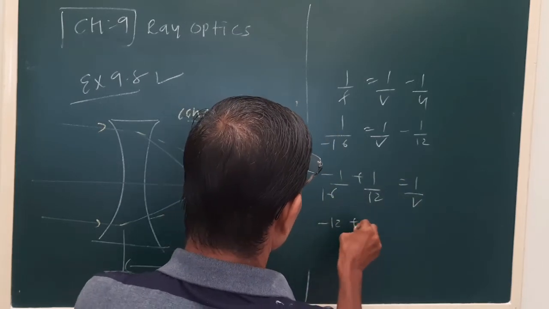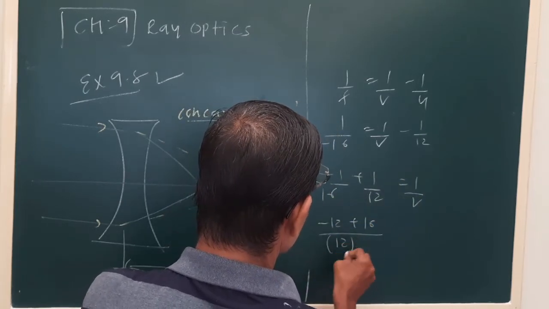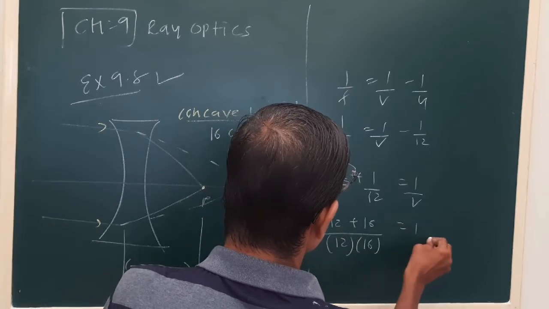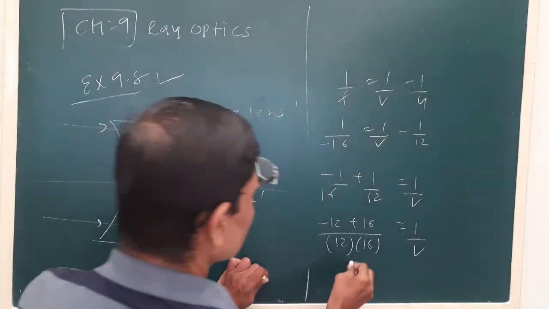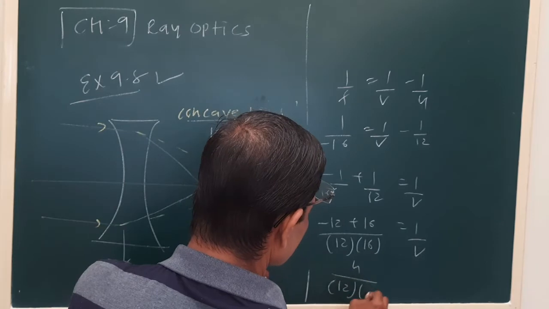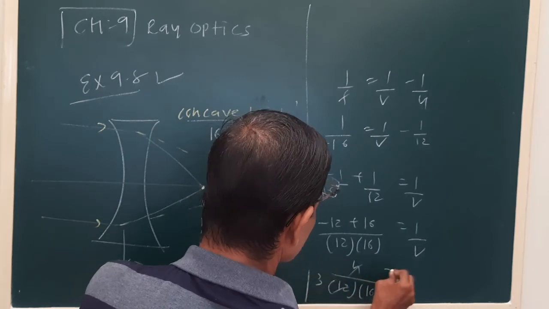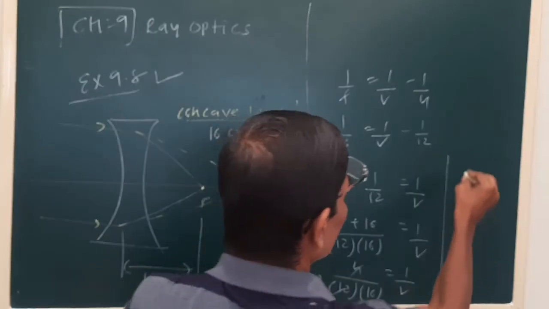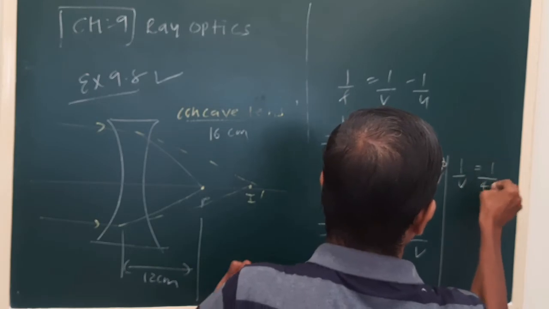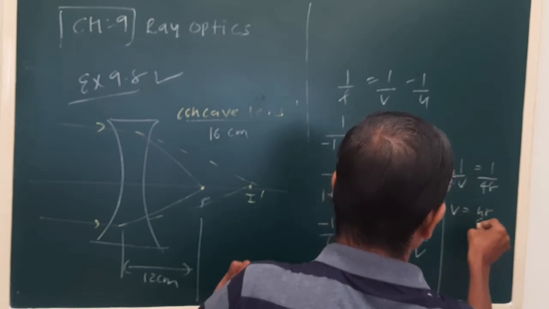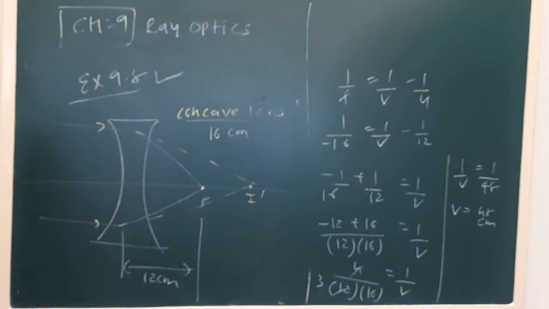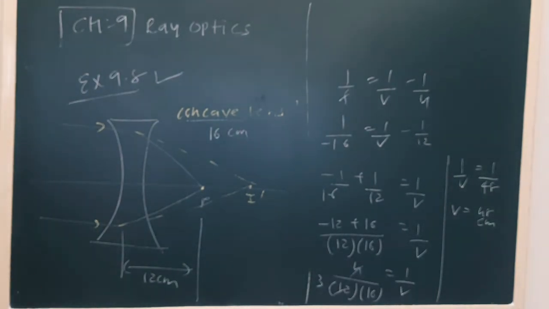That will be minus 12 plus 16 upon 192, so 4 upon 192, so 1 upon v we will get 1 by 48. So we get 48 centimeter. This is how we can solve. So this is about exercise sum number 9.8.